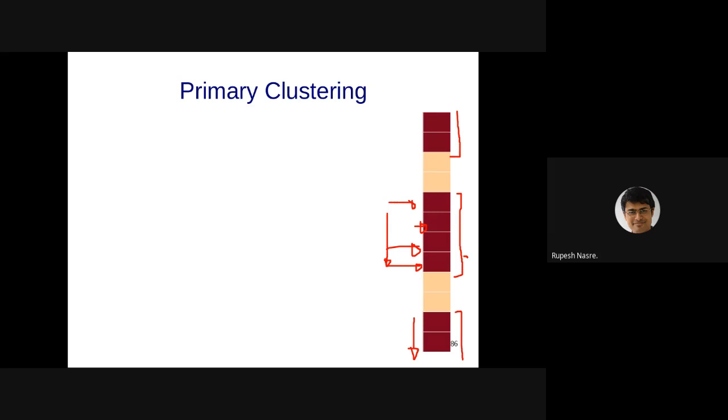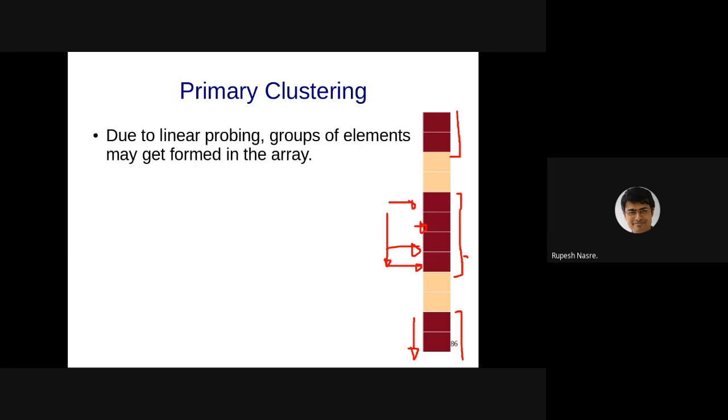The whole idea of a hash table is that you should be able to randomly go to a particular location based on the key and probe the value there. But that is not going to happen now, because not only the conflicting elements, but the non-conflicting elements are also going to increase the number of indices that you are going to check for finding an element, right?